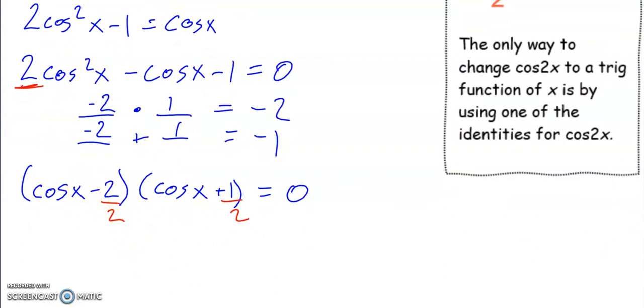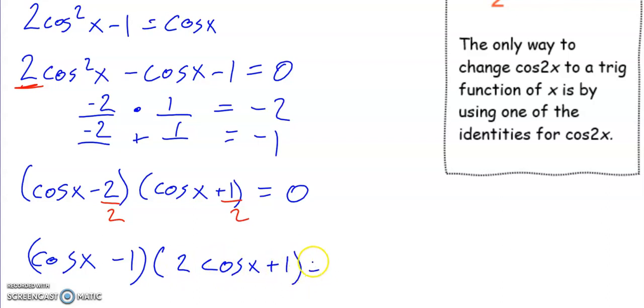So cosine x minus 2 is going to become cosine of x minus 1. This does not go in evenly, so I am going to bring the 2 in front of the cosine x. And that equals 0.